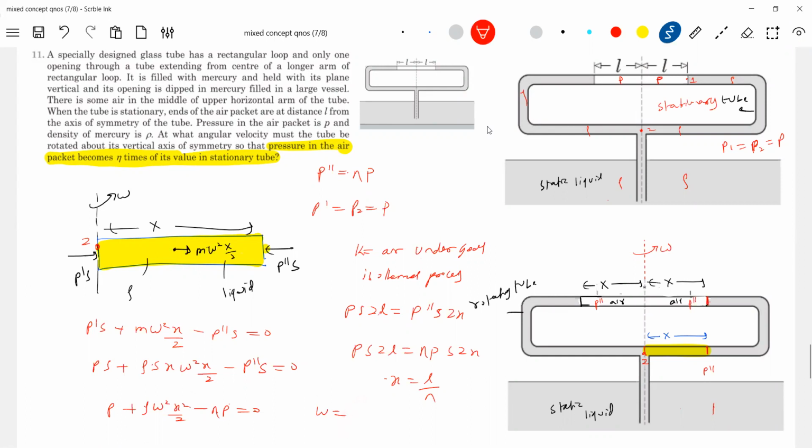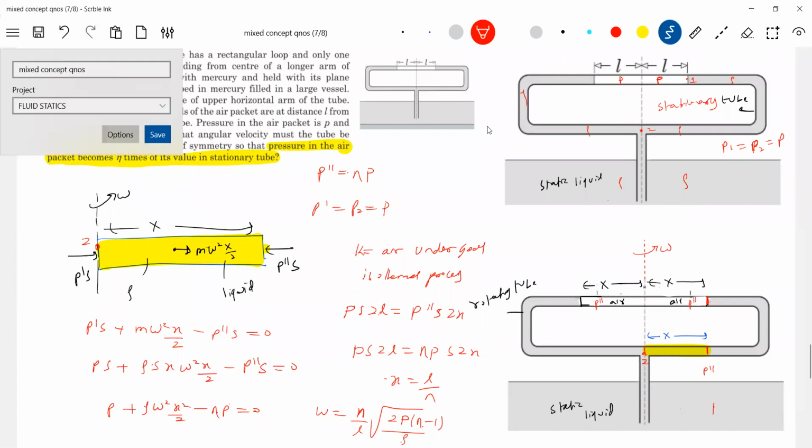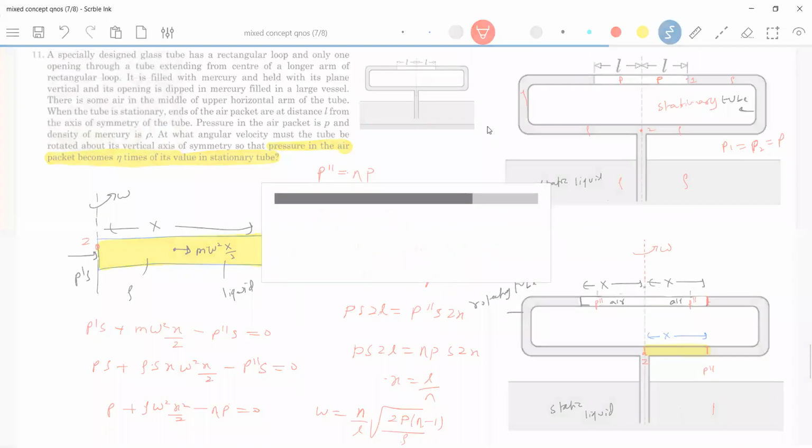The answer will be this much: 2P (eta minus 1) by rho. And this is P by rho, I think you should be a little careful. I'll scroll down, we'll take the next question.